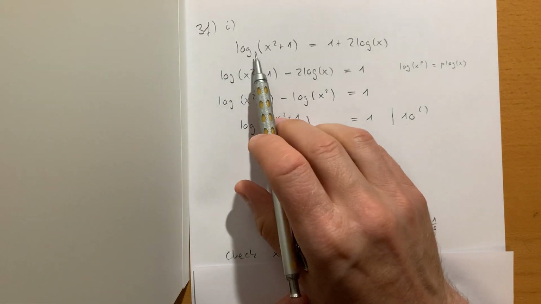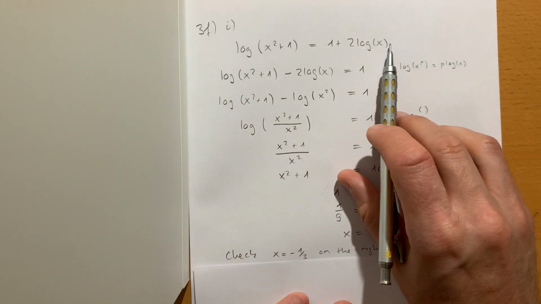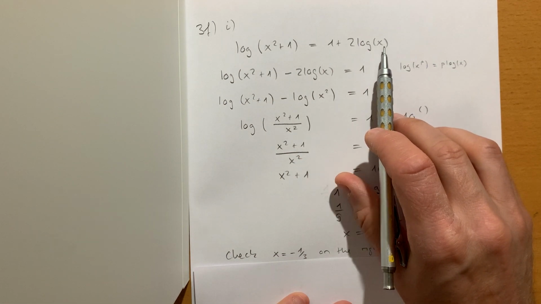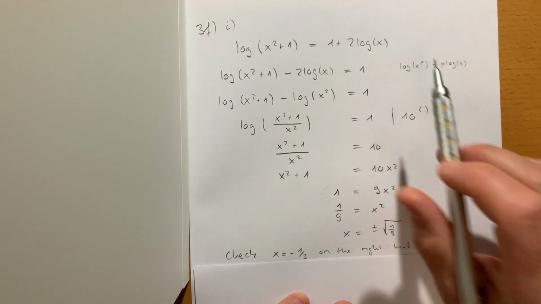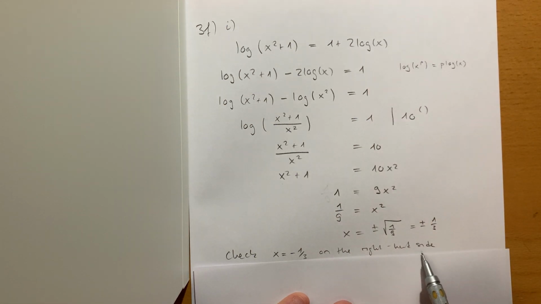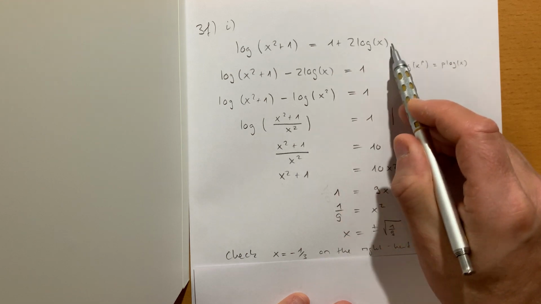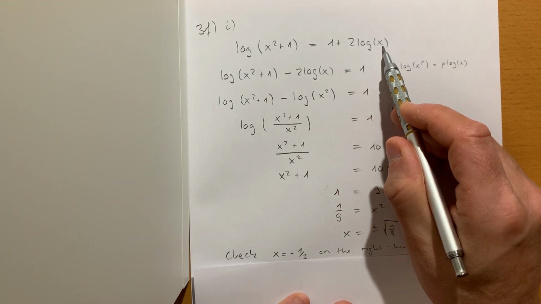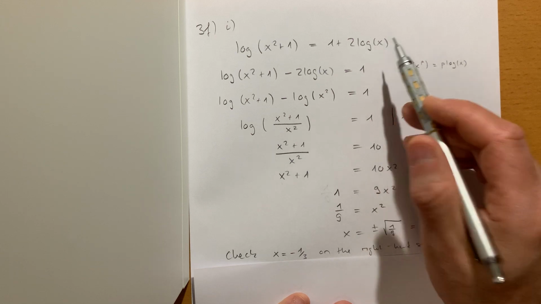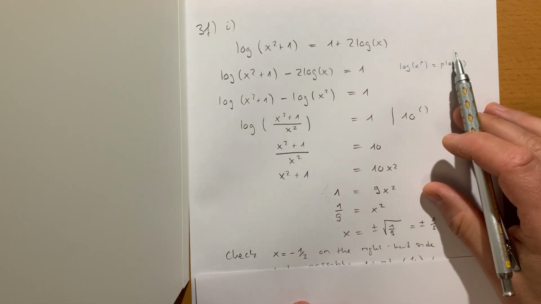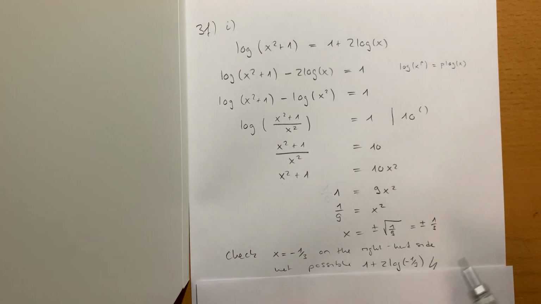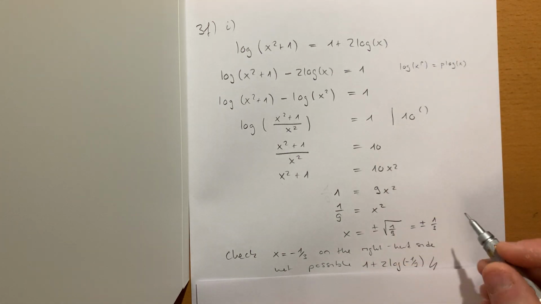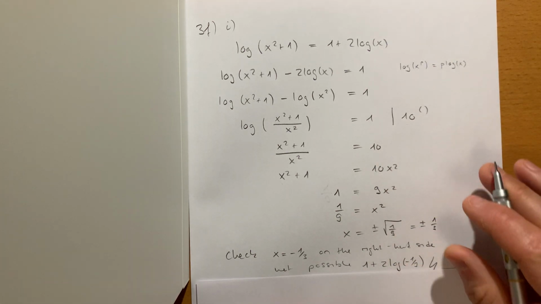We look at this equation and we see right away it will not work here. When you plug it in on the right hand side, you will have the logarithm of a negative number. Well, the logarithm of a negative number is not defined, not possible. So the minus solution goes.